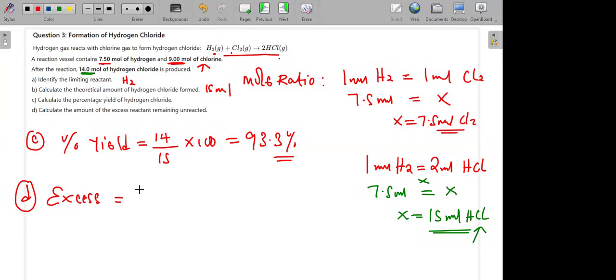The moles initially there were 9.00, minus the ones that reacted, which is 7.5. This gives me 1.50 moles of chlorine gas, the ones in excess. If they ask you to find the mass, then you just multiply those moles by the molar mass of chlorine gas. But here we just leave it in moles because everything is in moles. All right, any questions there, guys?